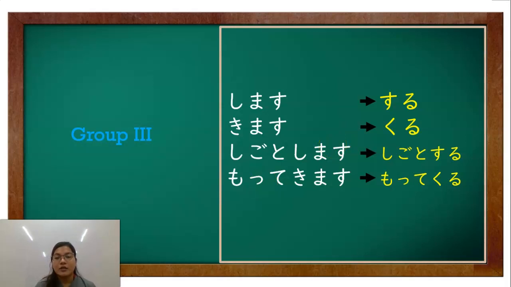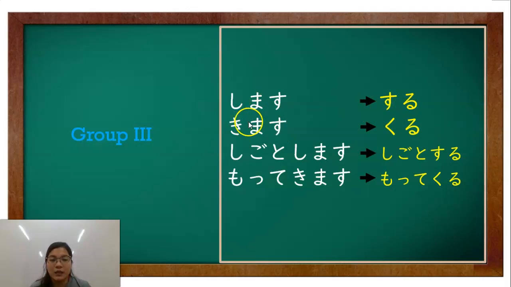Okay, again, to make group 3 into dictionary form, you follow both of the rules of group 1 and group 2. So you need to omit masu first. You change shi to su, and you add ru. So shimasu becomes suru.